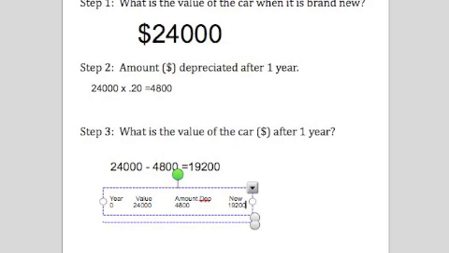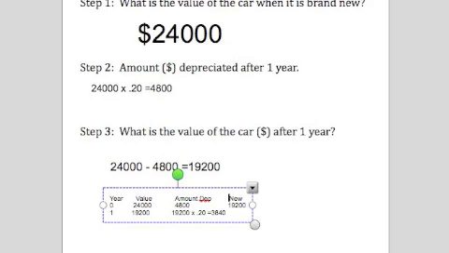Right. Year 1, the value of the car after 1 year is 19,200. The amount that is depreciated, now that's going to change because the car is not going to be worth as much anymore. So how we find the amount depreciated is we take the current value, which is 19,200, and multiply it by 0.20, which is the 20%. And so the amount depreciated is going to be $3,840.